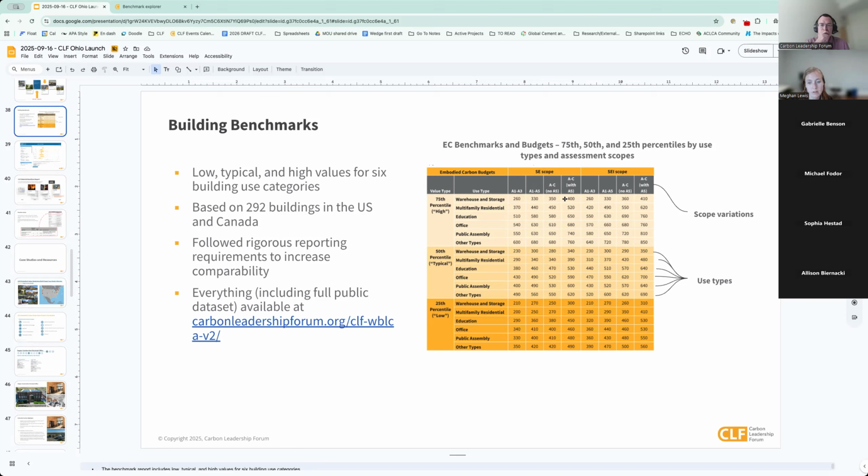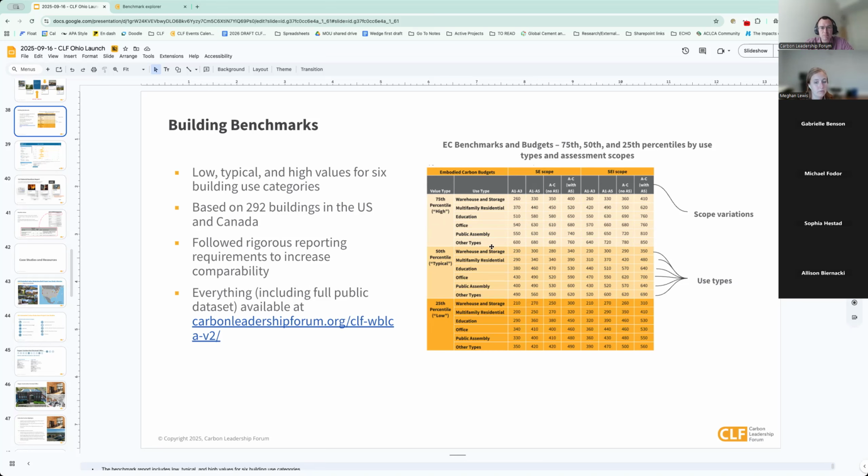The 400 for an A through C value with A5 is significantly lower than public assembly at 740. Multifamily residential also has a very different ECI. But you see education, office, and public assembly are grouped together.